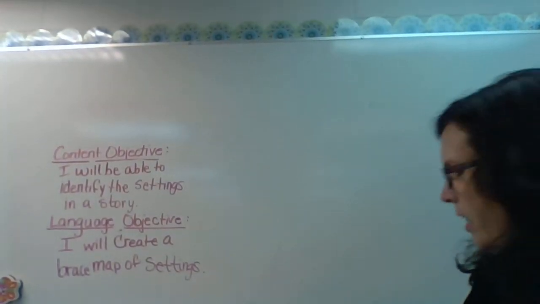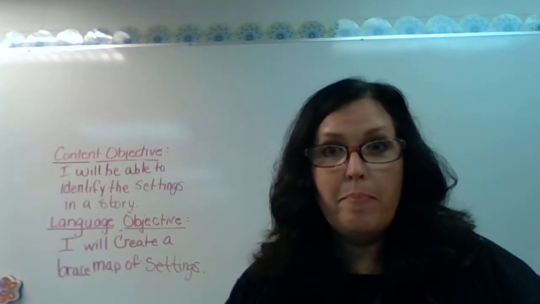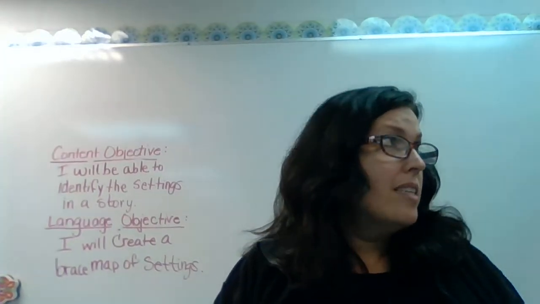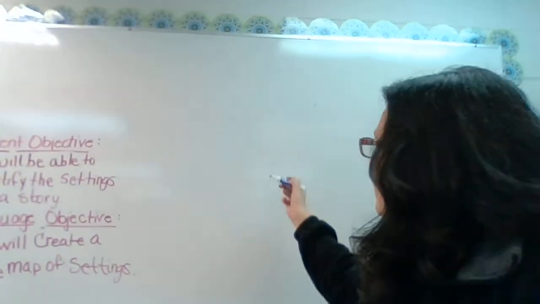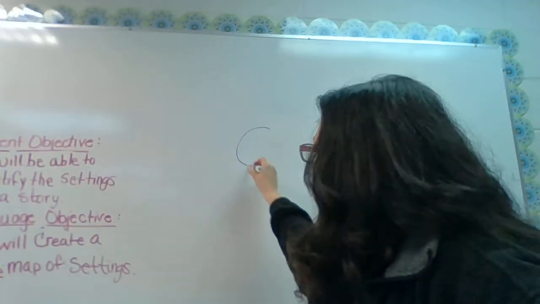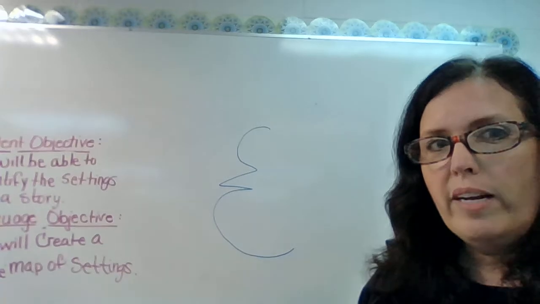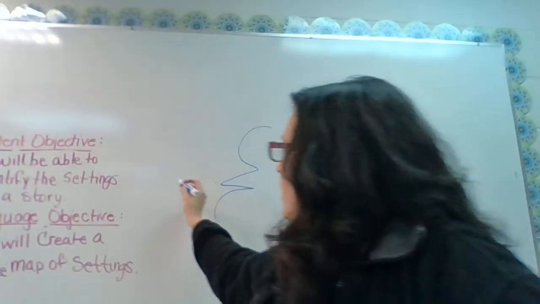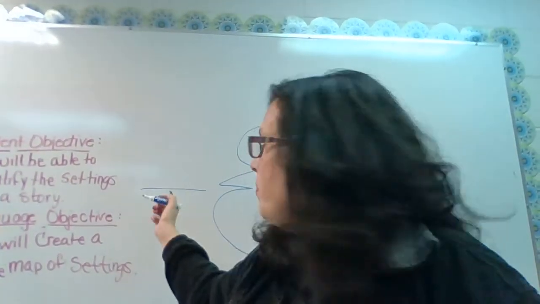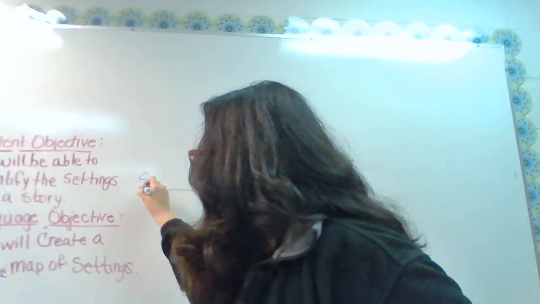Okay, so let's work on the brace map. A brace map is kind of fun because you get to draw a squiggly line like this. Then over here, I'm going to put a line and write settings in the story.